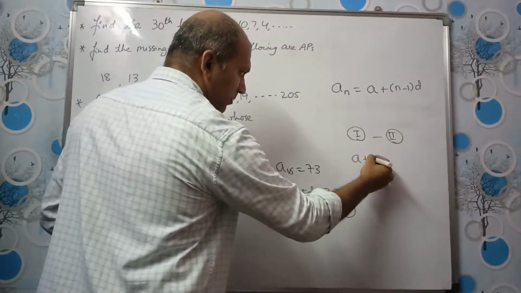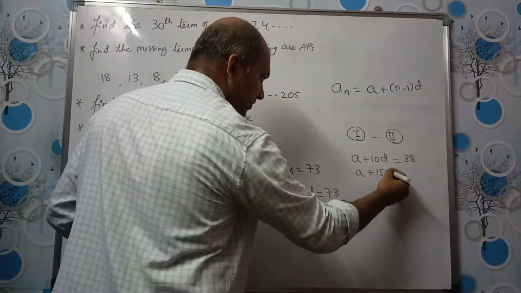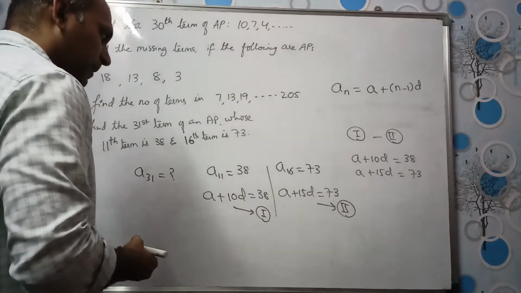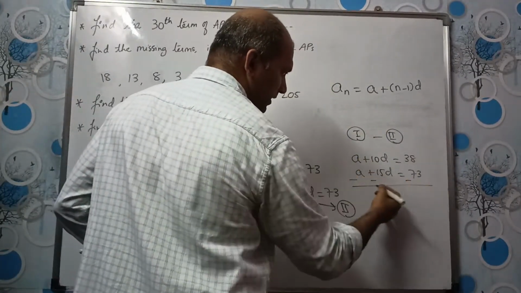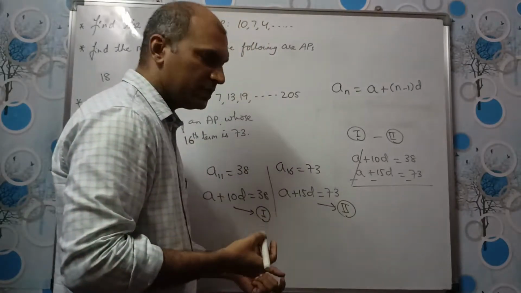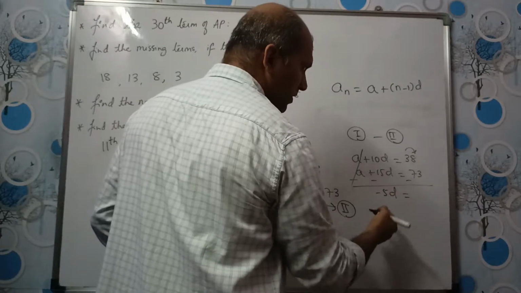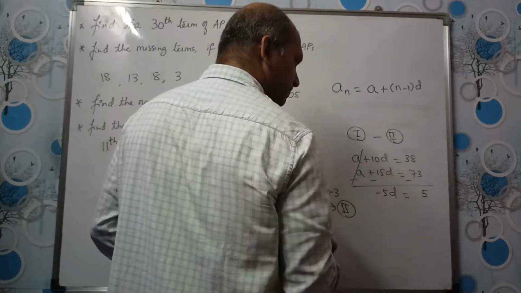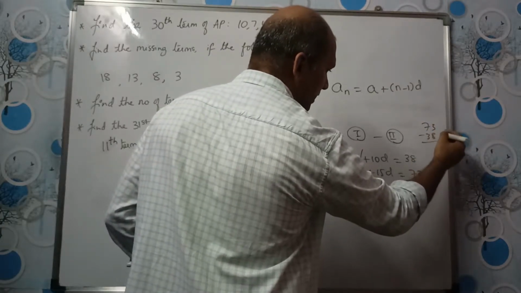See, A plus 10D, it is equal to 38, and A plus 15D is 73, right? Or you can do 2 minus 1 also. So when we are subtracting, the signs will change. A minus A is 0, so this is minus 5D, okay? So how much will this be now? Okay, sorry. This is 73 minus 38, right? Okay.